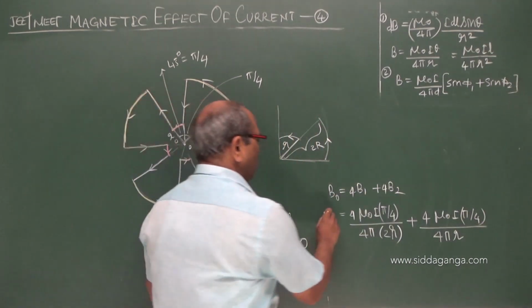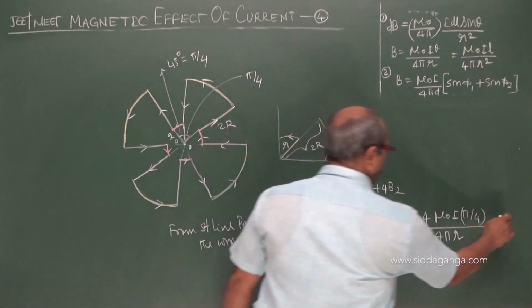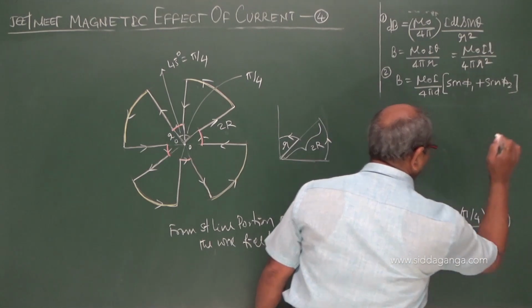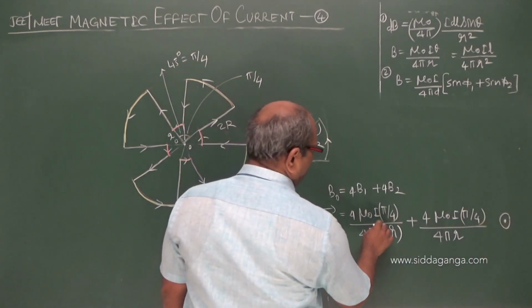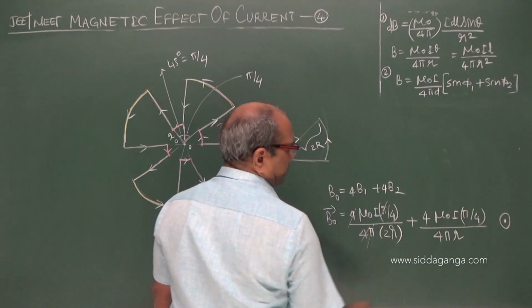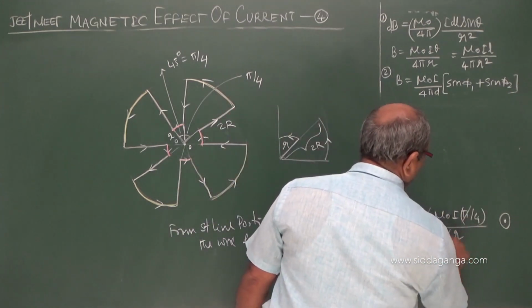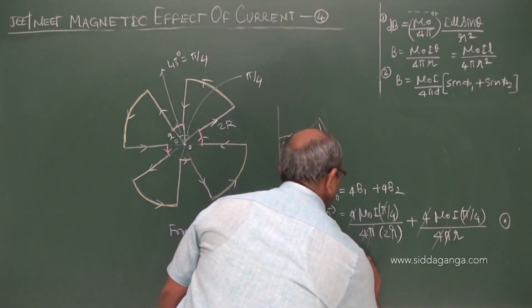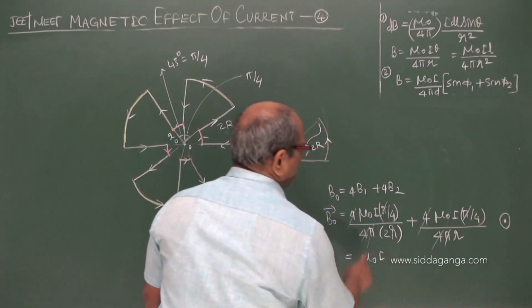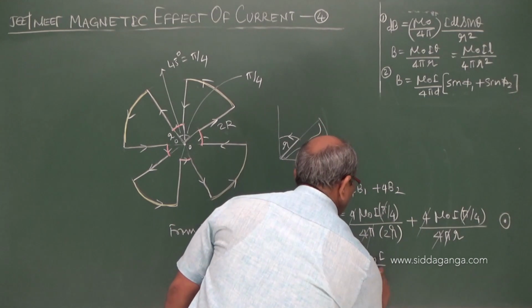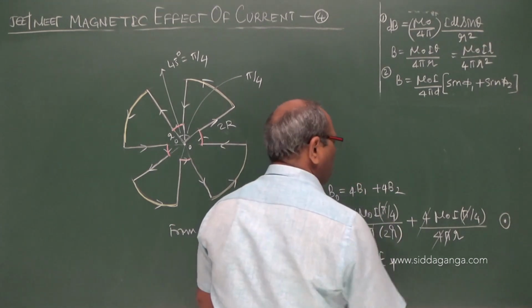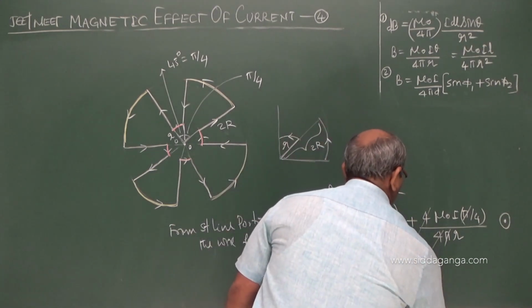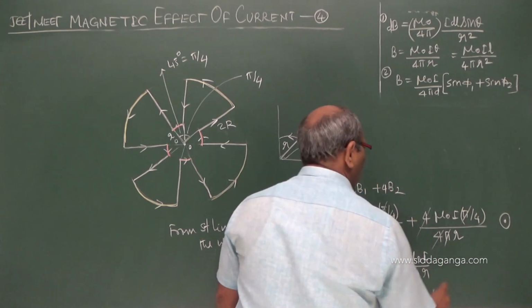If I want the magnitude and direction, both are giving outward field. So pi cancels, 4 cancels, 4 and pi cancels. What remained here is 4 twos are 8. Mu naught I by 8r plus mu naught I by 4r.